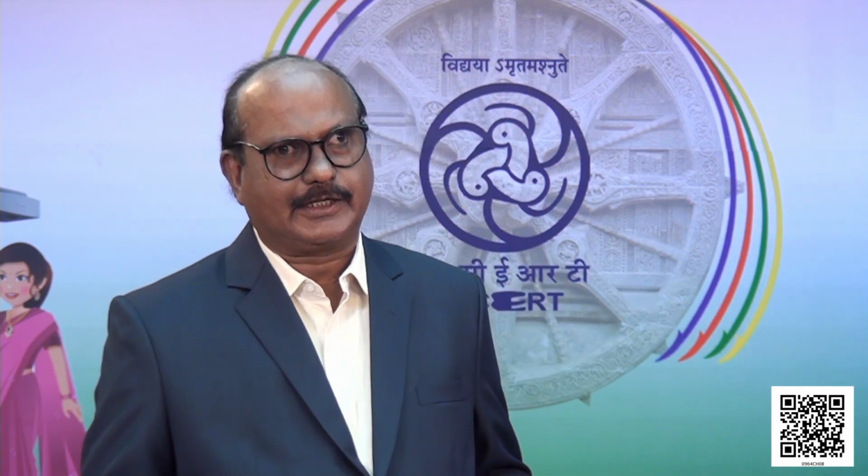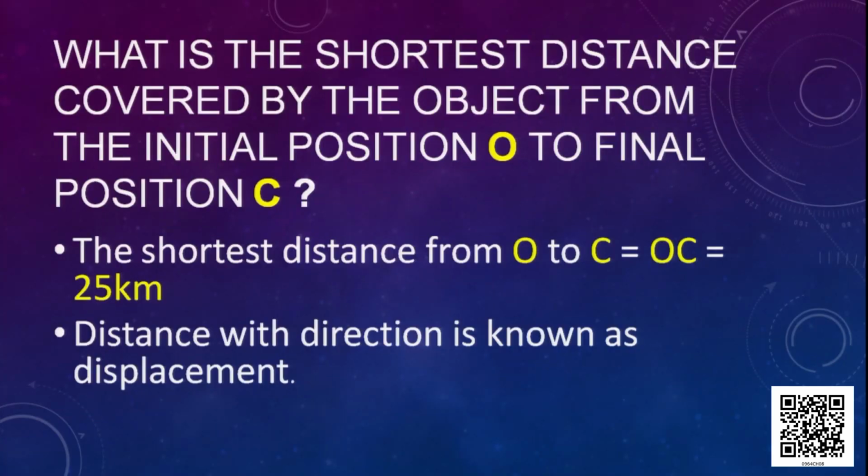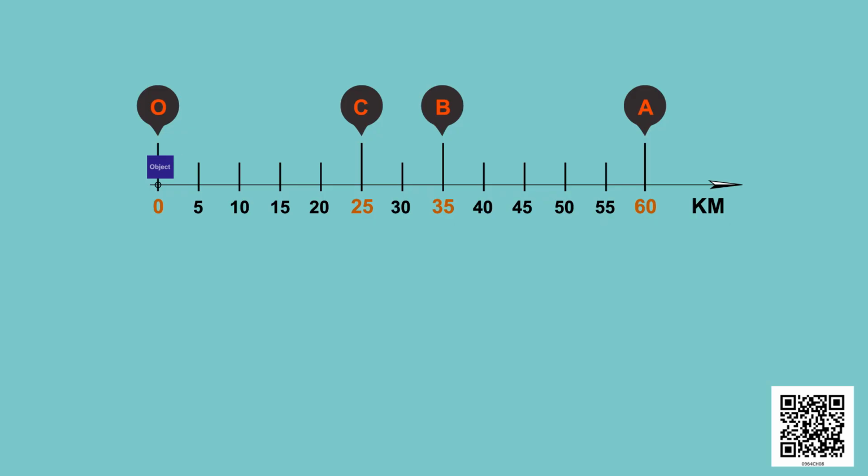Well, I am asking one more question from the same example which is given in your NCERT textbook. What is the shortest distance covered by the object from the initial position O to the final position C? I am showing you the video clip once again.